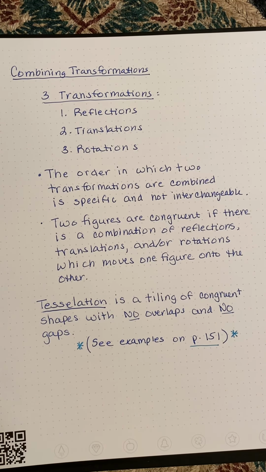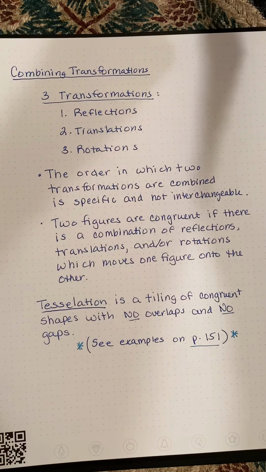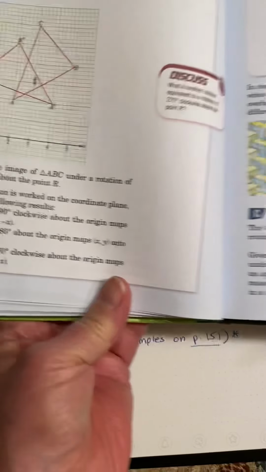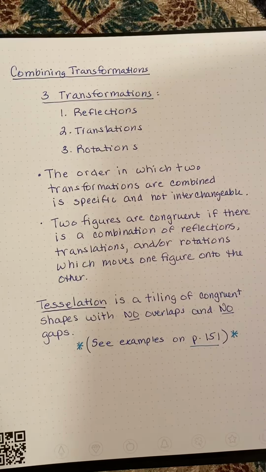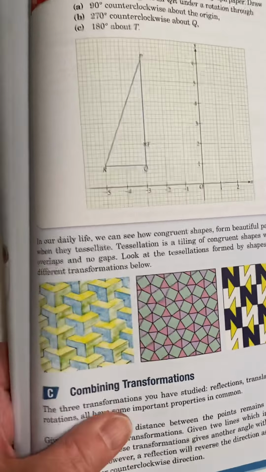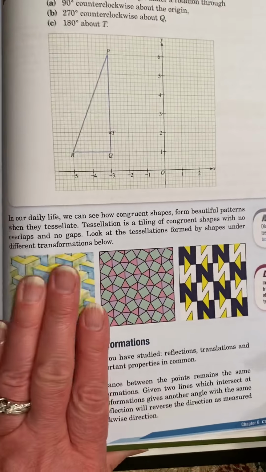So if you look at page 151, you see some examples of tessellations. And let's just take a closer look at that. Gotta bend my book backwards a little bit. Okay, here we go.